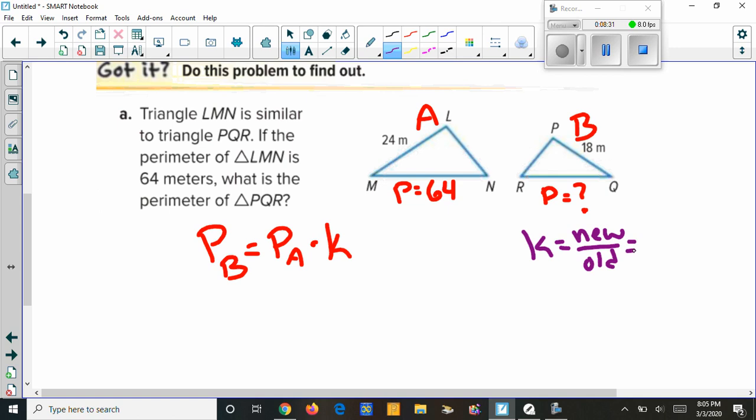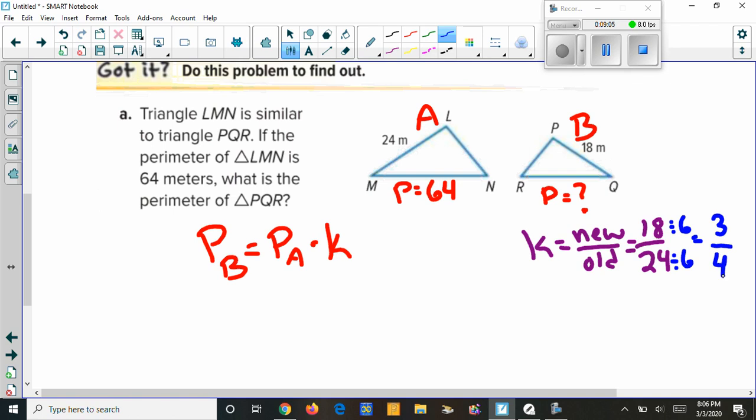And for this case, remember, B is always going to be my new one. My new one is going to be the one that I'm trying to find the perimeter or find the area. That is 18 over 24. You can reduce that down by dividing by 6 to find 3 over 4.